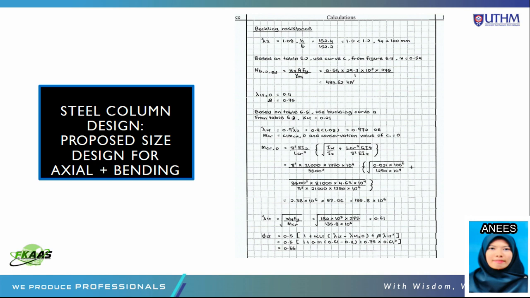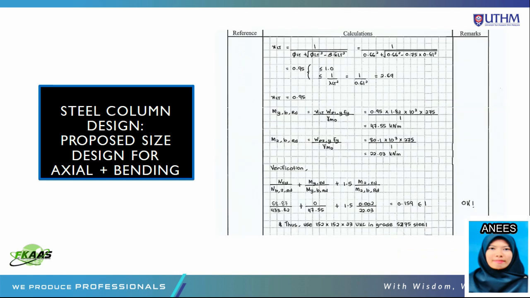Based on table 6.5 we use buckling curve A, and from table 6.3 the lambda LT is 0.21, and for the final answer we get 0.159, less than 1, which is okay. So the use of 152 times 152 times 23 UKC in grade 275 is still satisfied.